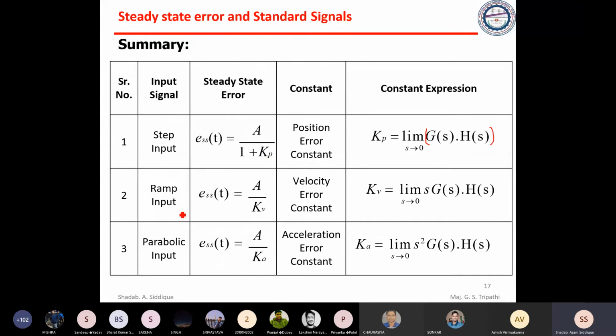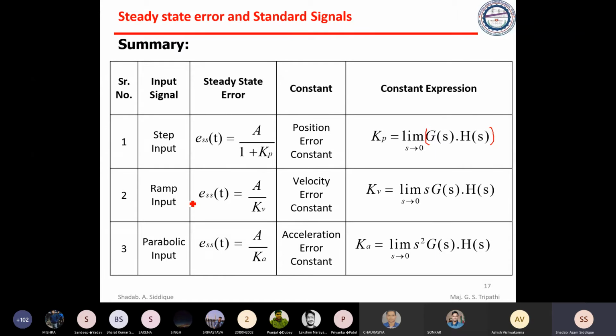The input signals given here are just three. We have many inputs, but we are taking three. Practically we deal with the step input and ramp input. For understanding, we have taken three inputs: step, ramp, and parabolic.